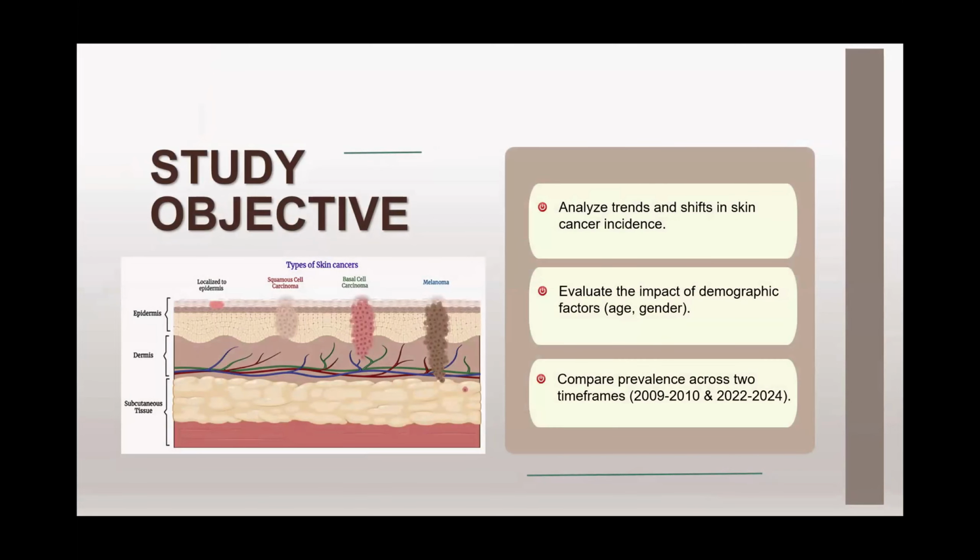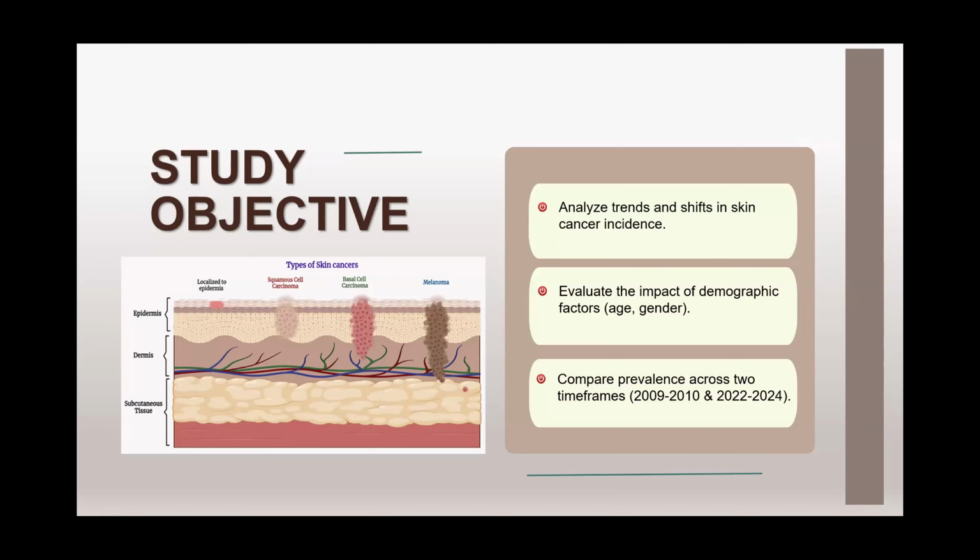This is the study objective. We made this retrospective study, which presents a comprehensive statistical analysis of 1,000 patients who underwent dermoscopic examination in a reference clinic. The data set is divided into two cohorts. The first 500 patients were evaluated between 2009 and 2010, while the second group of 500 patients was assessed between 2022 and 2024.